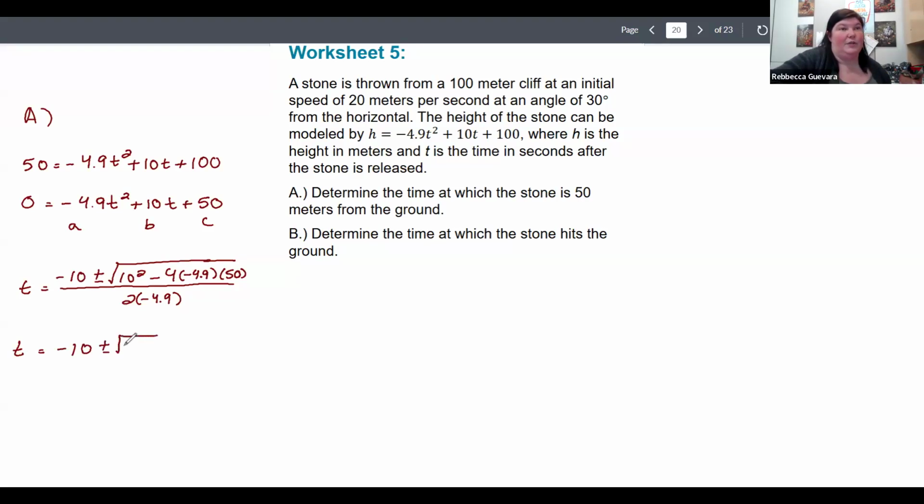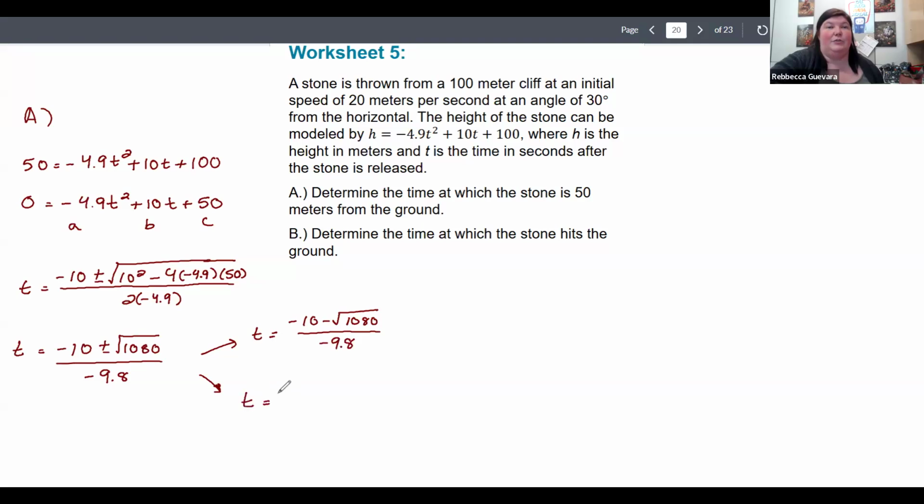We are going to get negative 10 plus or minus the square root of 180 divided by negative 9.8. We know we have two solutions here. t is equal to negative 10 minus the square root of 180 divided by negative 9.8, or t is equal to negative 10 plus the square root of 180 divided by negative 9.8.